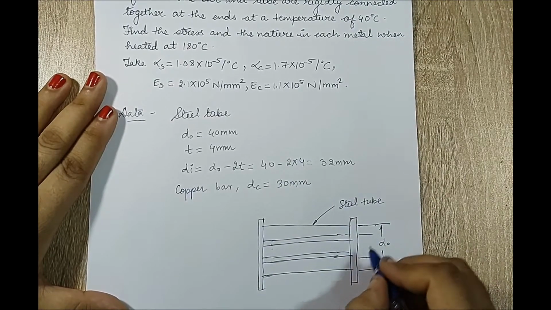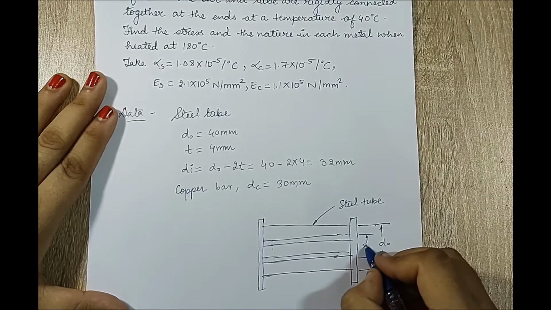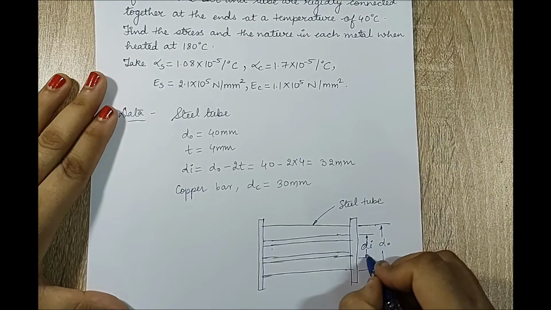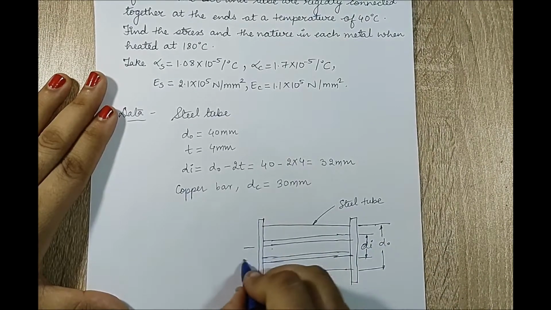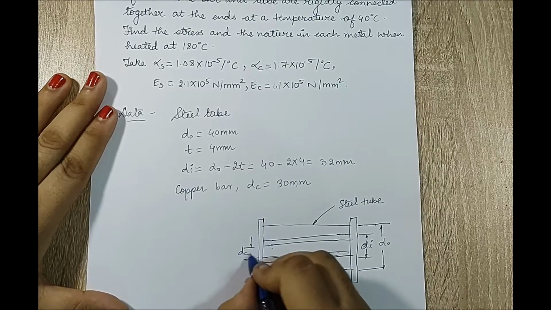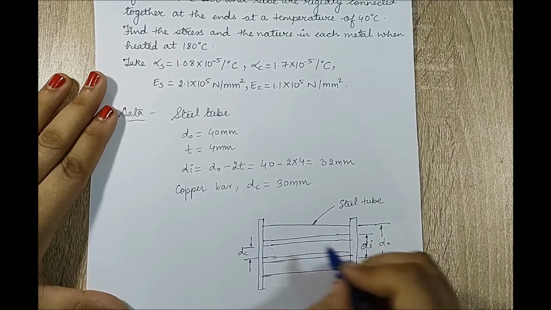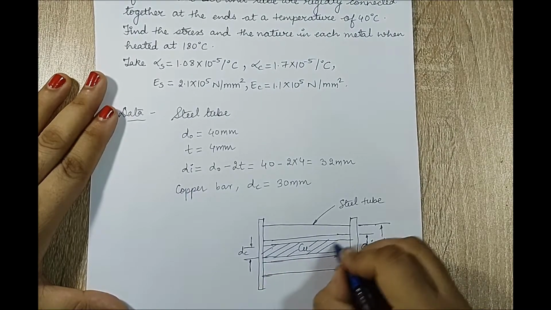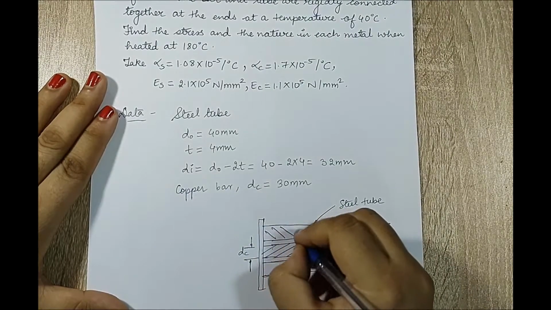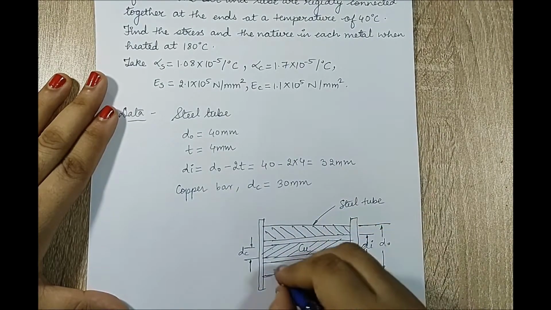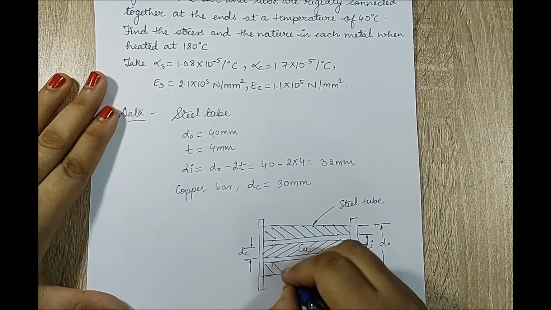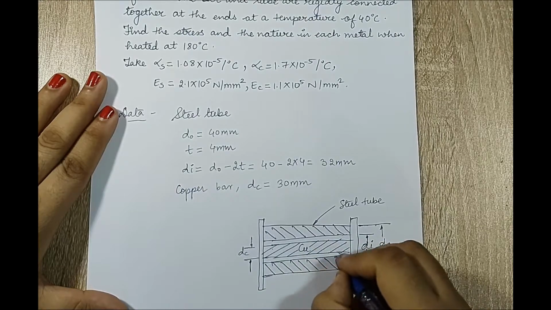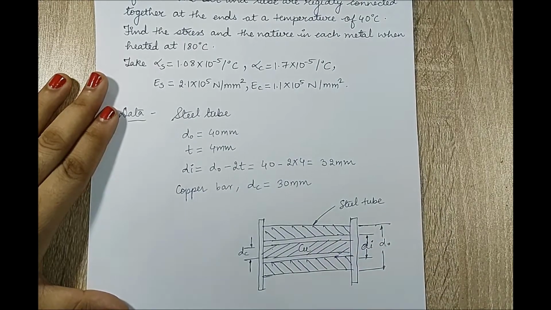This is 32, say it is DI. And this inner one is DC. So this is your copper, and this one is steel. So this is how the diagram would look like.